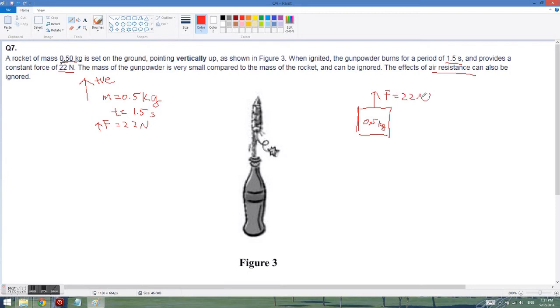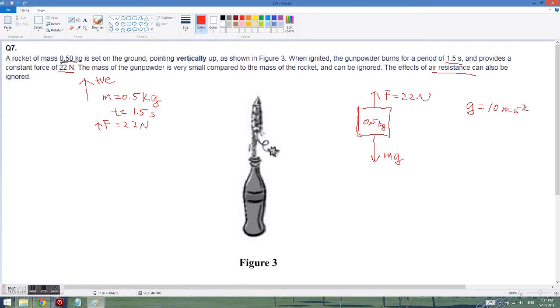Now think about, are there any other forces? The answer is yes. Always remember gravity, mg. The idea for gravity is, in the exam, your gravity will be 10 meters per second squared.